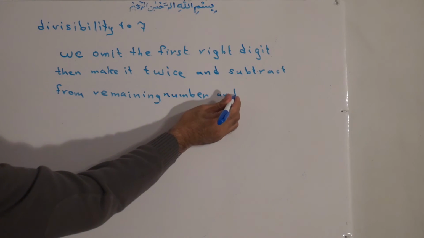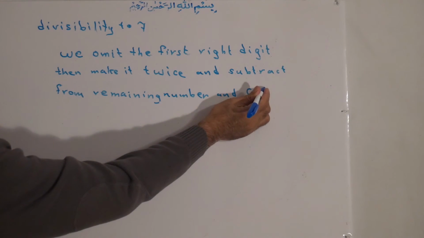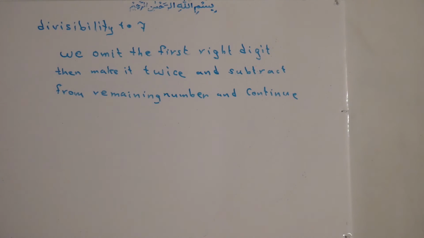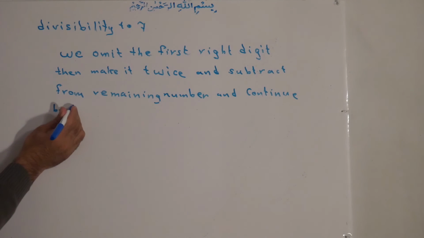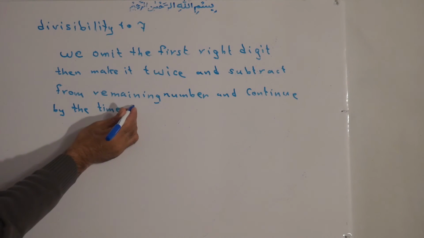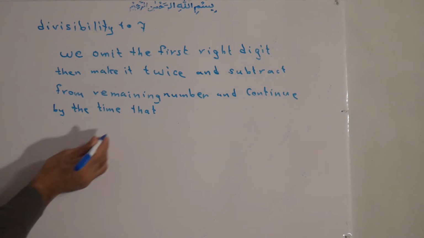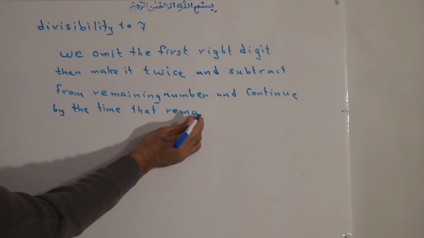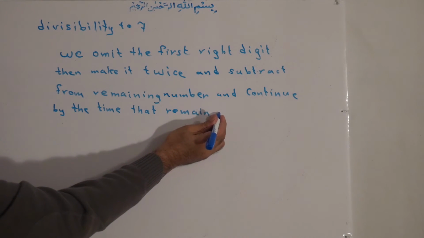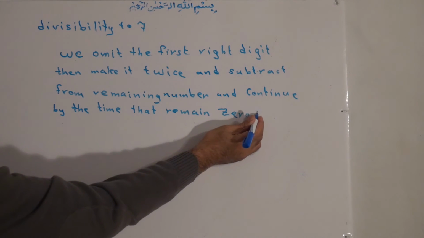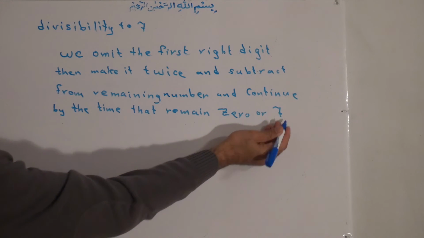And continue until the remainder is zero or 7.